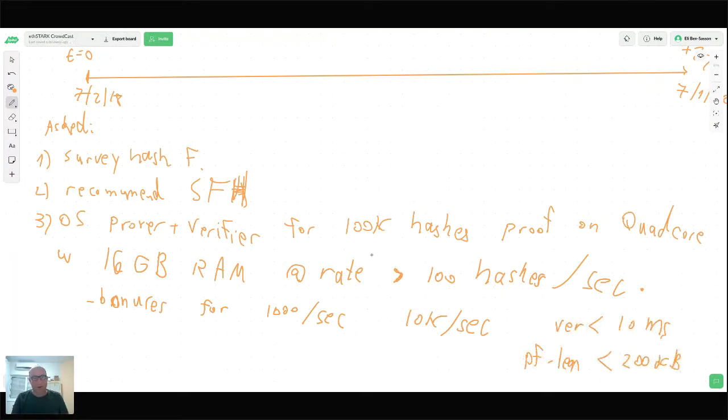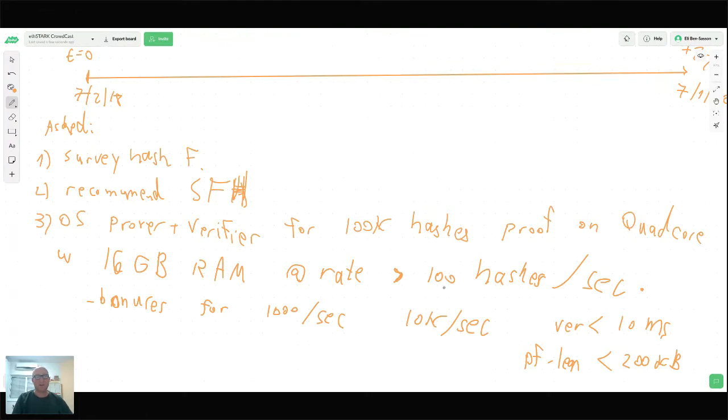Two years ago, this looked quite daunting, meaning we weren't sure we would even reach 100 hashes per second, because the only thing the world knew of back then was what came out of the academic work called ethSTARK. The proofs there were around 300 to 400 kilobytes long. They took 40 milliseconds to verify.